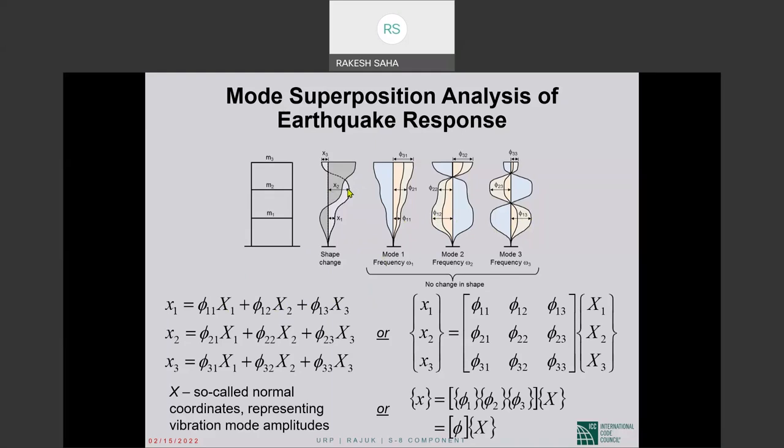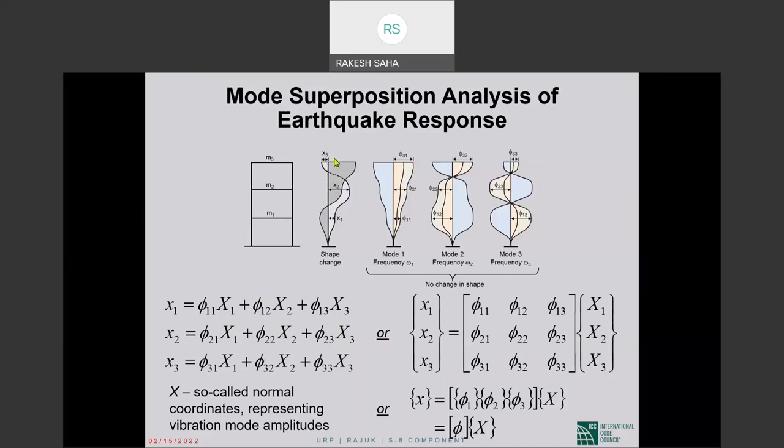X2, the displacement at level 2, likewise is phi21, okay? The modal amplitude at the second floor level when it is the first mode deformation, phi21, multiplied by the same X1 as before, phi22 multiplied now by the same X2 as before, and phi23 multiplied by the same X3 as before.